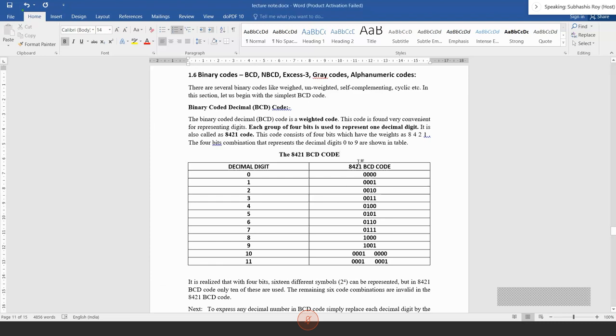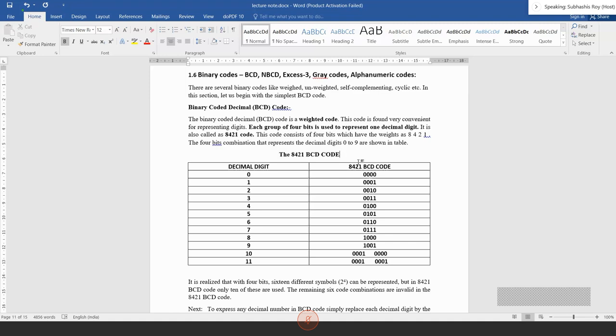So before starting this section, what we already know: there are binary number system, decimal number system, hexadecimal, and octal number systems. We know the conversion between these number systems from one to another.